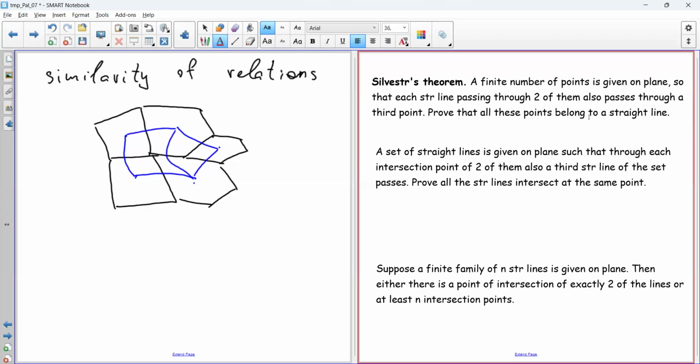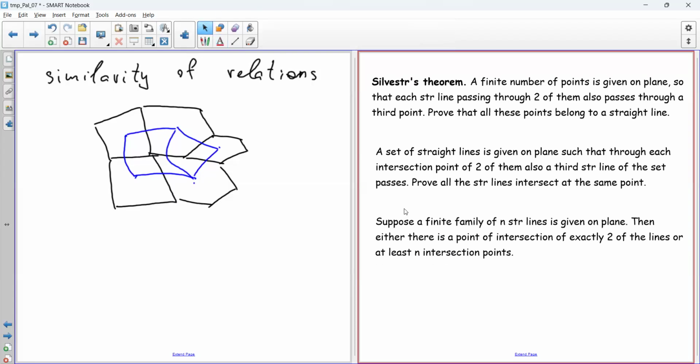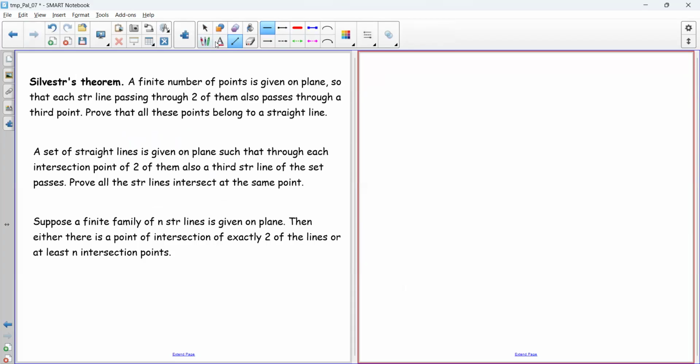And here, together with these problems, I would mention one other problem which may be more familiar to you, having a slightly different shape, I would say.